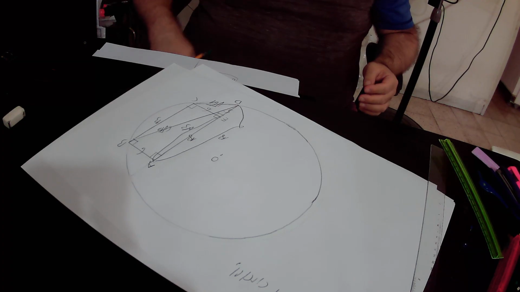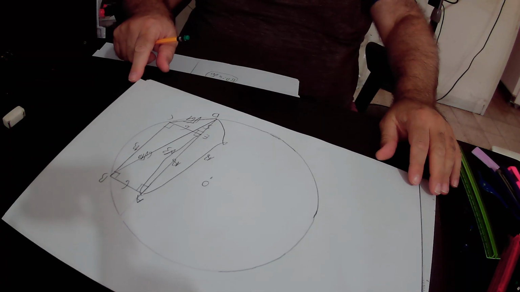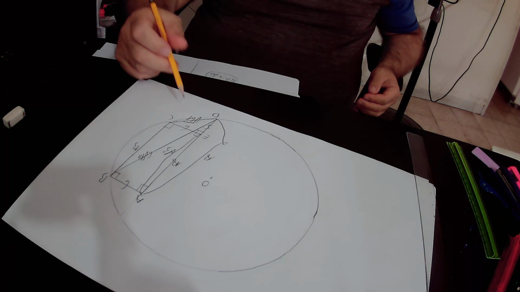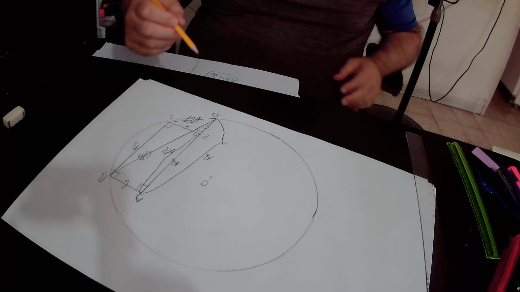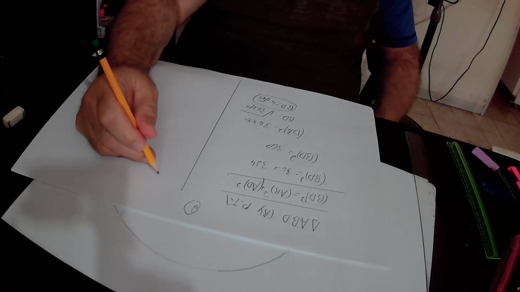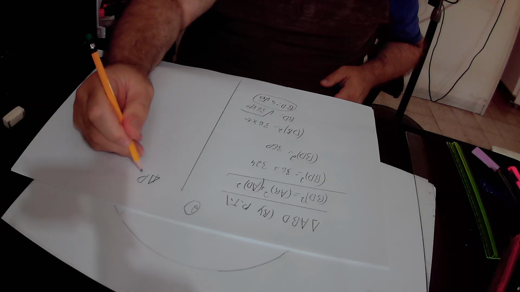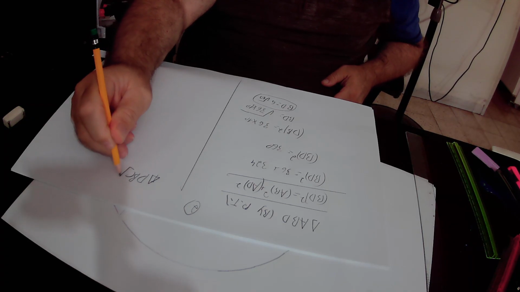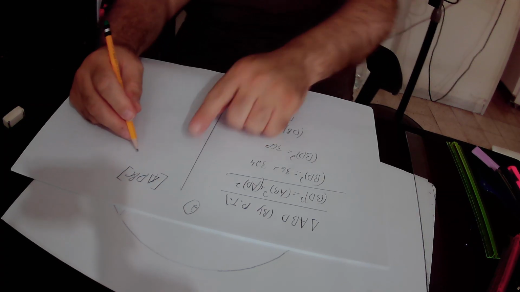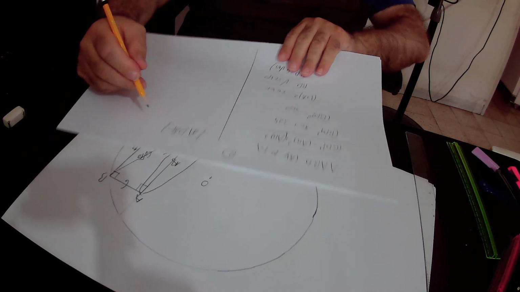In the next step, we'll calculate the area of triangle DBC. The area of triangle DBC, here the square brackets are the sign for the area. It means the area of triangle DBC.